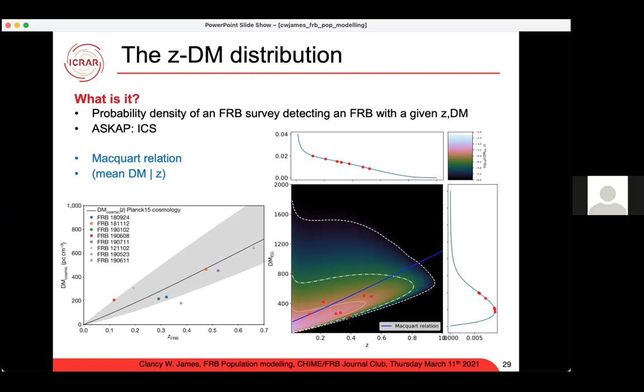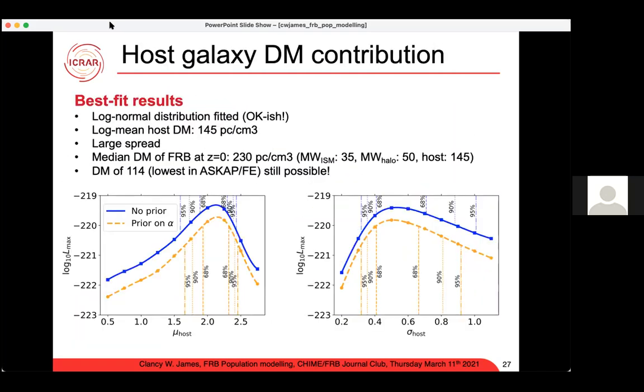I'm just saying that in your final posterior values for mu and sigma for the log normal distribution that you assume, it's really high, 138 and 0.50, given that most localized FRBs have lower host dispersion measure. Then how can we get that high value?